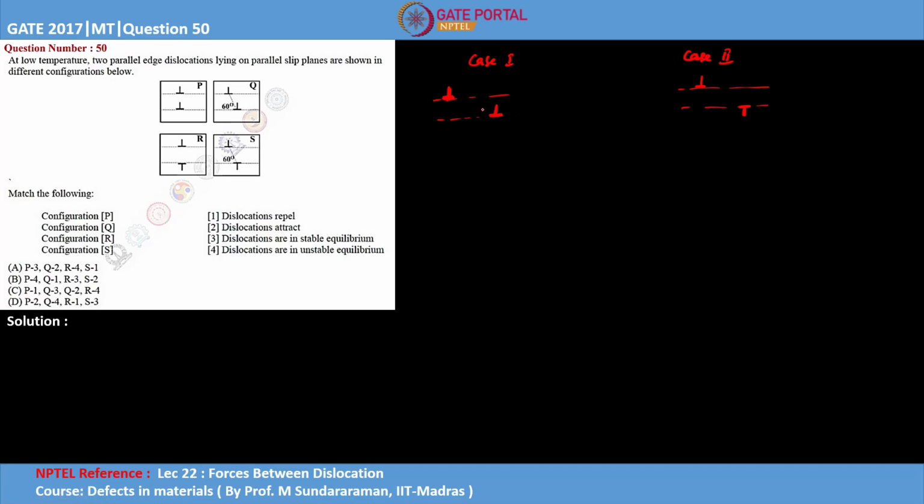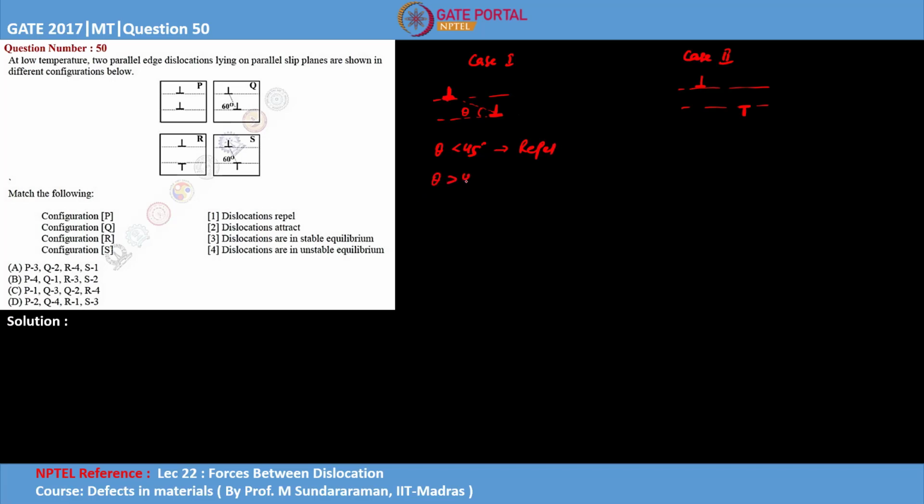When attraction or repulsion will happen is basically decided by the angle between these two dislocations. Let's say this is the theta angle forming between the two dislocations. If theta is less than 45 degrees for same sign dislocations, then they will repel each other.